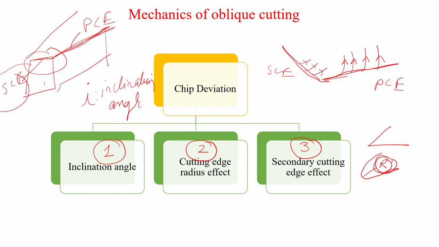Now when this chip comes in contact with the primary chip, it will deviate the direction of the primary chip so that it will not move on the plane it was supposed to. It will get deviated to some other plane. So this deviation moves the chips to some other plane.